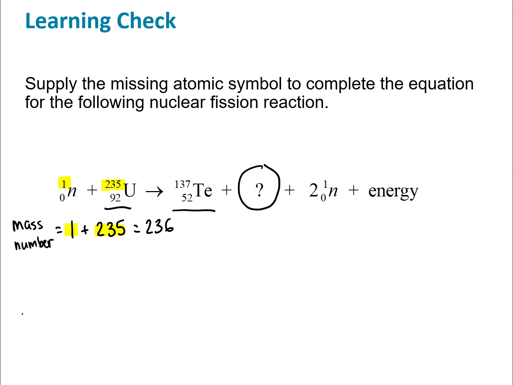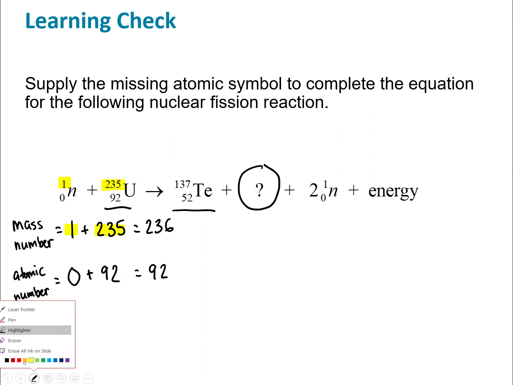We do the same thing for the atomic number. The neutron, it's a neutron, so it doesn't have any protons. But uranium does. So that's where those numbers come from.